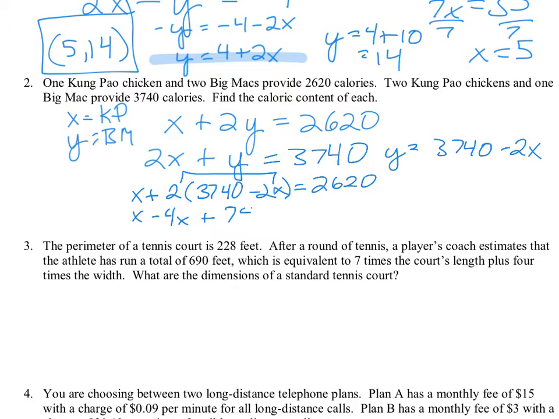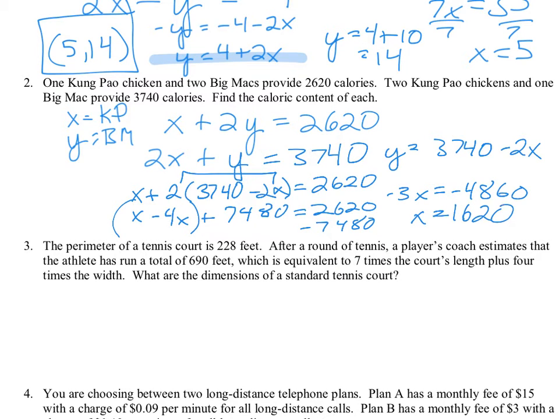Wow. 7480 minus 4x equals 2620. Well, I'm going to subtract the 7480, and I'm going to add these two together. So I get negative 3x equals 2620 minus 7480, which is negative 4,860. I divide that by negative 3, and I get 1620.